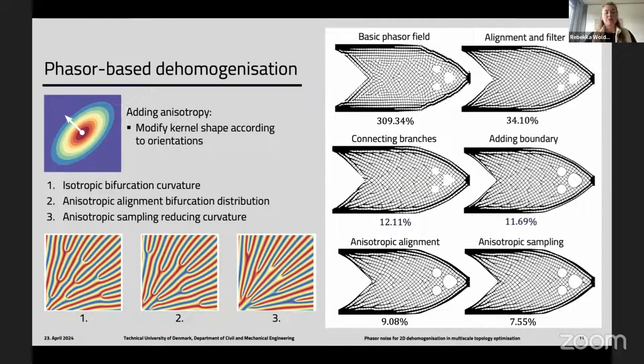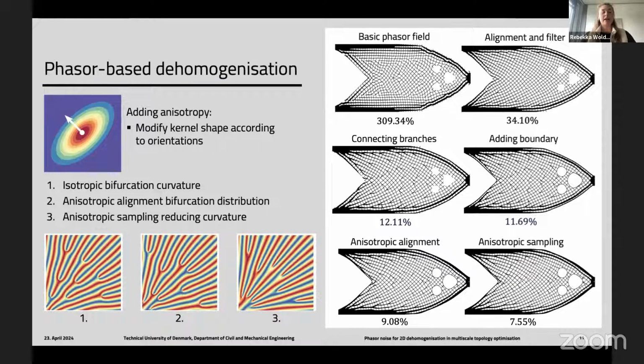And anisotropy introduced in the phase alignment helps improve the distribution of these bifurcation points to better facilitate closing V-shaped branches, which are more mechanically sound.